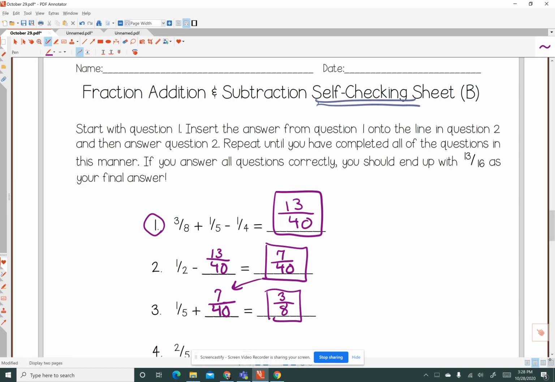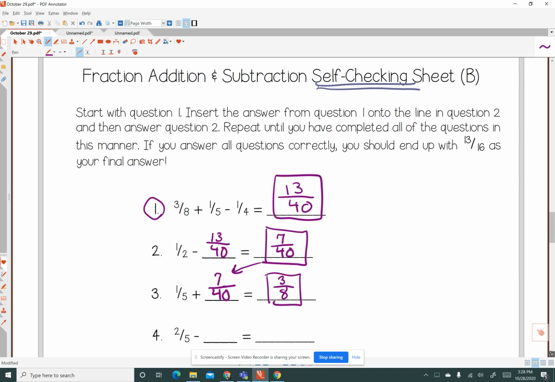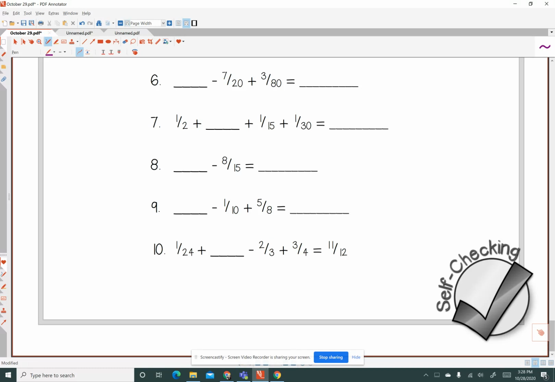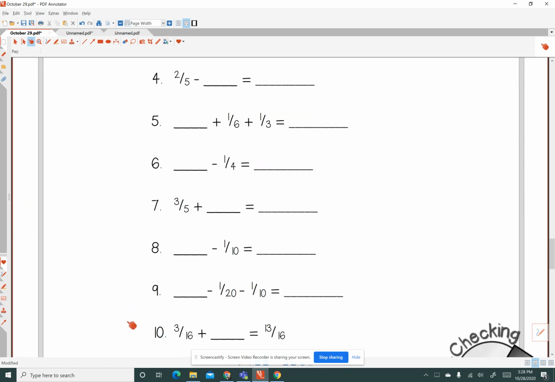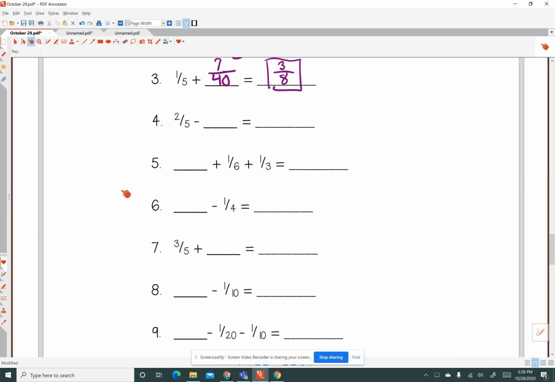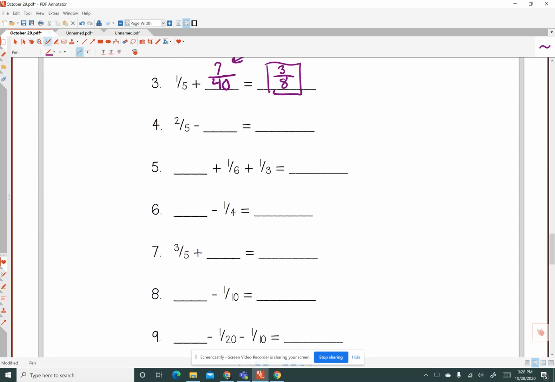Let's move on to the next one. So now we have, going too fast, okay. We put our 3/8 here. Our next problem is 2/5 minus 3/8.